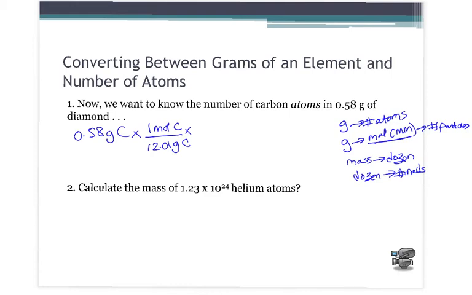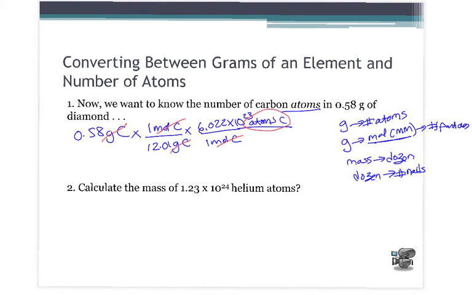Now we don't want to stop there because we want to know how many atoms. Okay, now this is really easy because we know for every 1 mole of carbon, we have Avogadro's number of atoms of carbon. So you see the grams cancel out and the moles cancel out, and we're left with atoms just like we were asked.